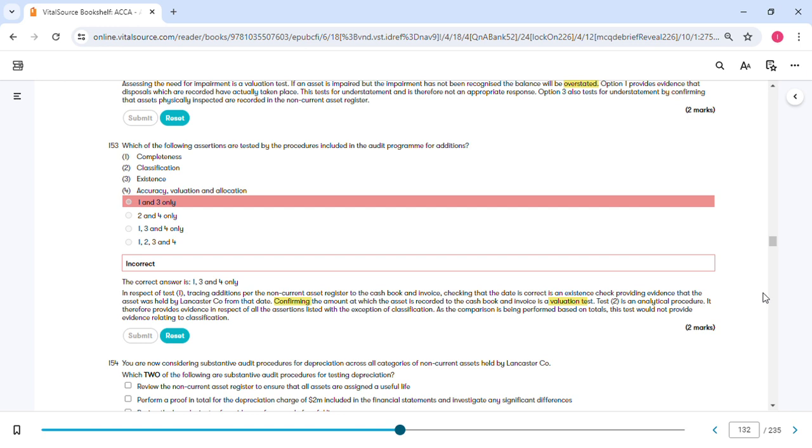Test 2, analytical procedure, provides evidence in respect of all assertions listed with the exception of classification. Why? As the comparison is performed based on totals, this test would not provide evidence regarding classification.